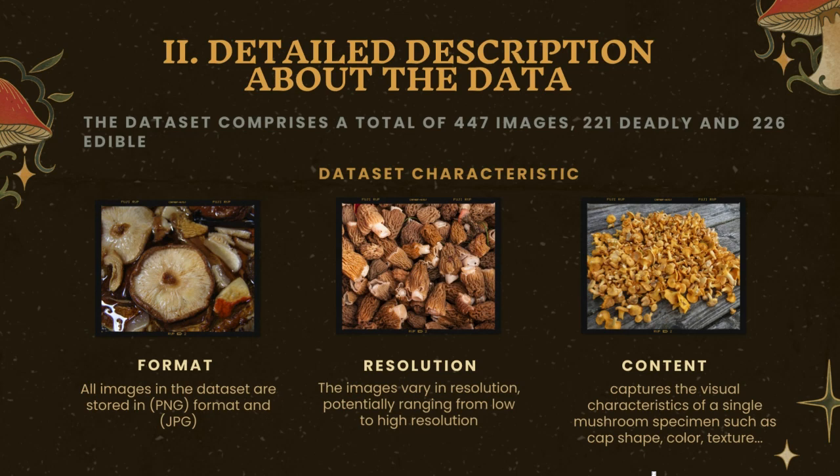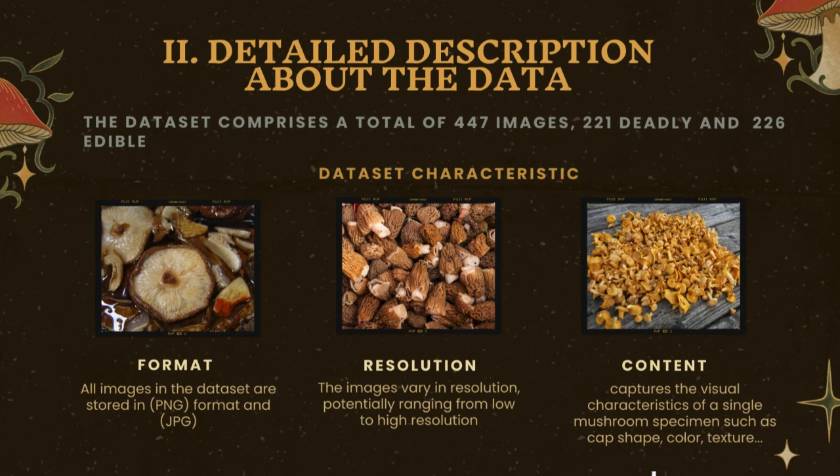So our project dataset consists of 447 real images of mushrooms, a near even split between edible and poisonous varieties, which is 221 edible and 226 poisonous. These images are in both PNG and JPEG format.